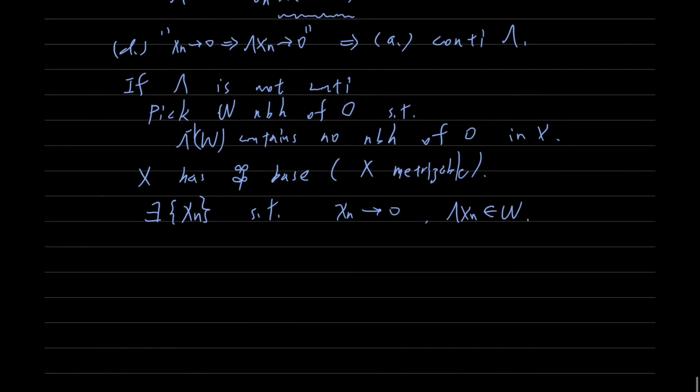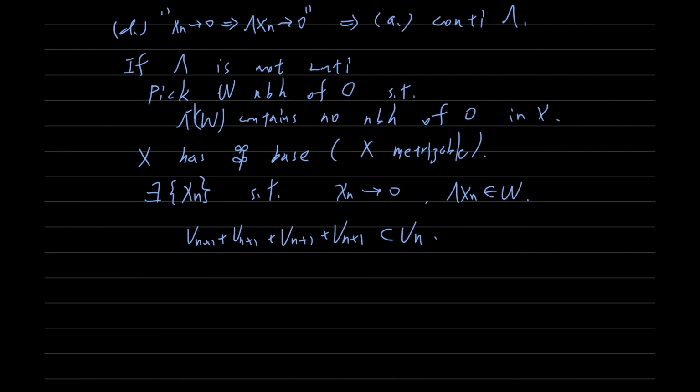And we can do this very easily. Recall that we can have a local base that is nested. So remember in the theorem we proved on metrizability, we can have a local base with the following property. So essentially it is nested neighborhoods Vn of 0 that is also a local base.